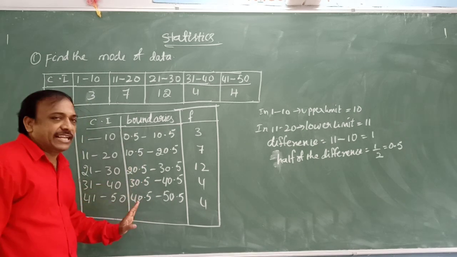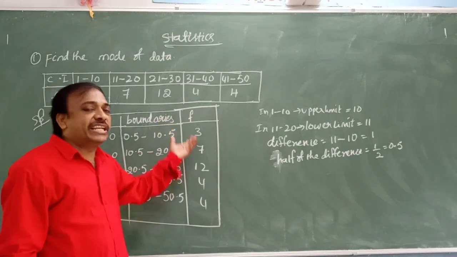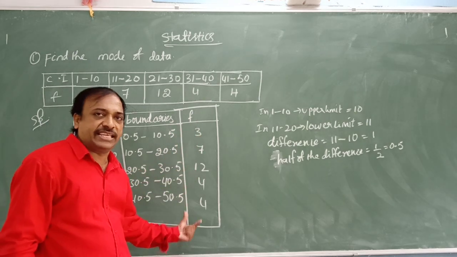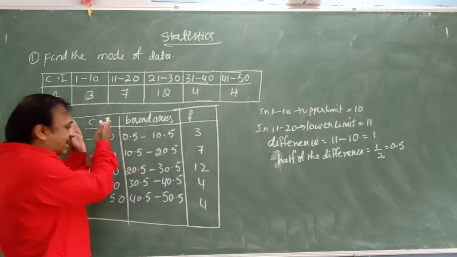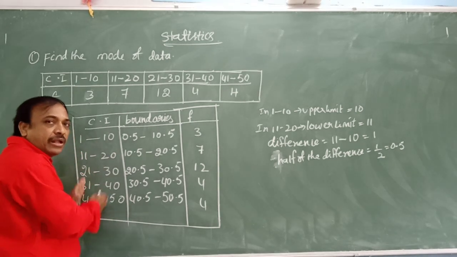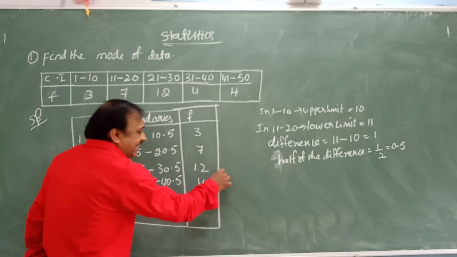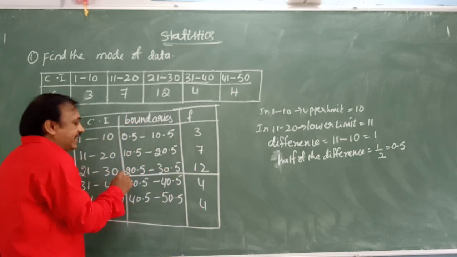Now when you take the modal class, how to identify the modal class interval? With the highest frequency. So the highest frequency, now we are not doing anything with this column, only up to here. The highest frequency is this, so you have to underline the highest frequency.